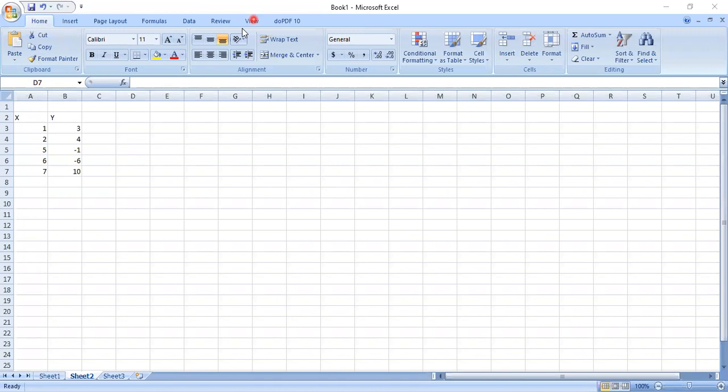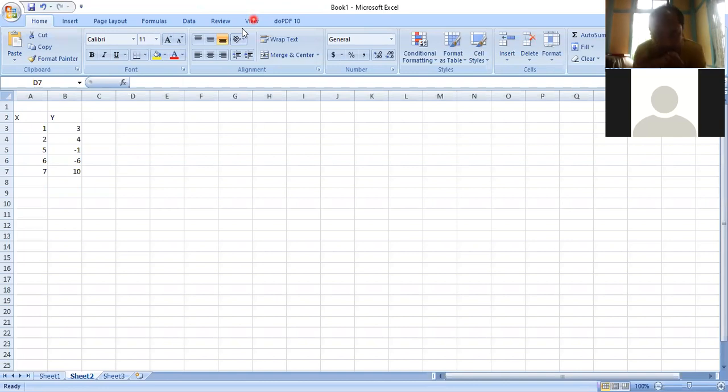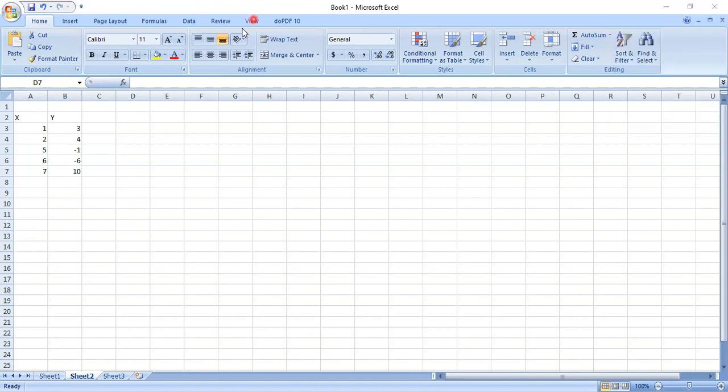Your first requirement is to plot the data and try to see how the data is visualized. If you plot the two items, capital X and capital Y, what is the nature of the plot? That you have to identify first. After that, you can go and attempt to calculate the correlation coefficient between the two.